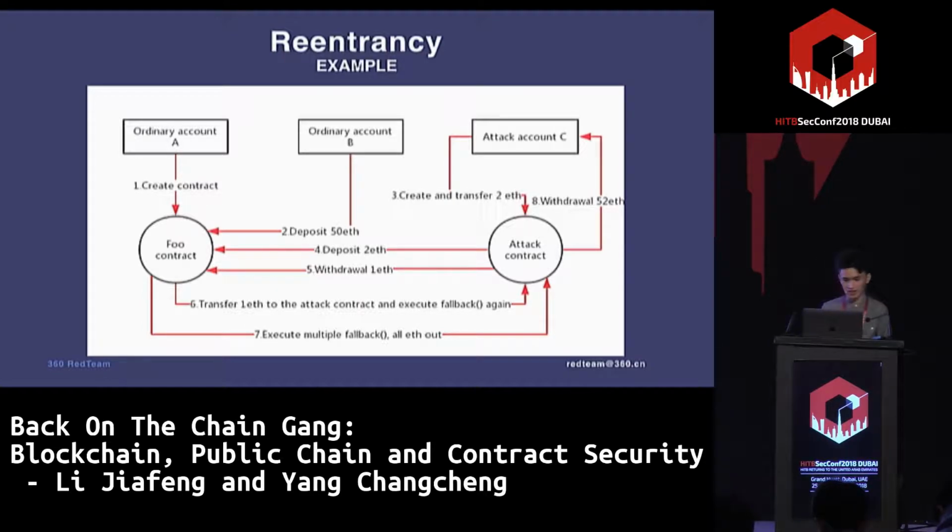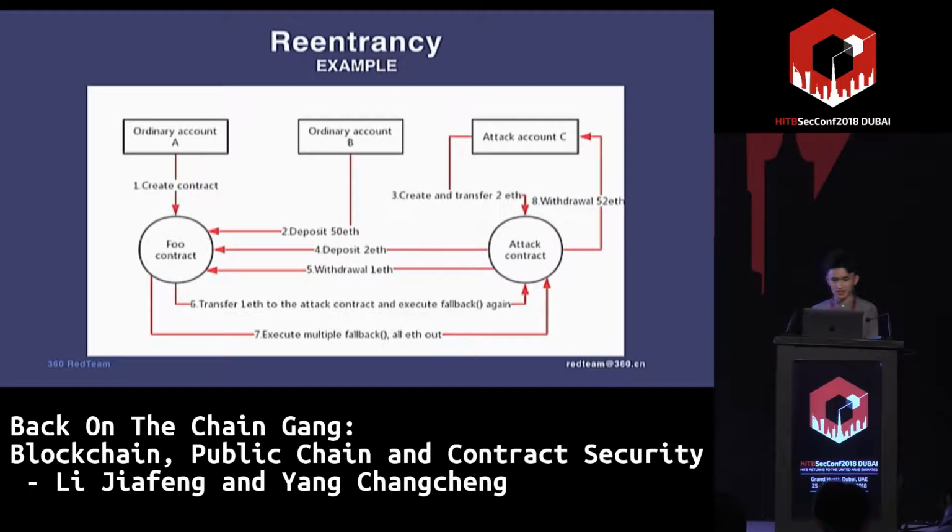And the third step is the attacker. The attacker will create an attack contract, transfer 2 Ether to the contract, and use the contract to deposit 2 Ether to the Fore contract. And the fifth step is to withdraw 1 Ether to the attacker.